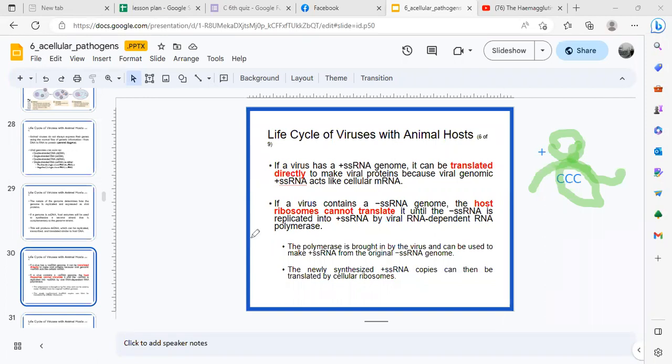So, kasama yung virus na RNA polymerase para magkaroon ng positive na single-stranded RNA. Okay, so now you can form the virion particles.